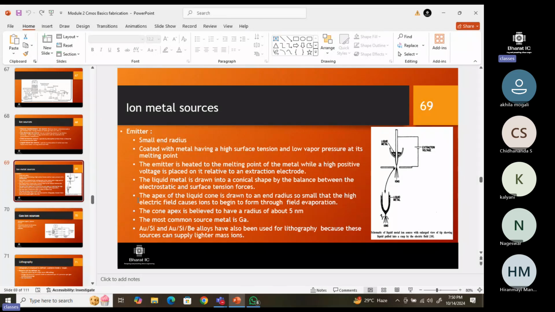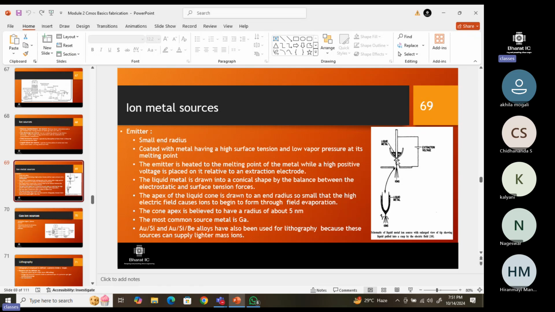That is how the liquid is formed and extracted from the conical shape at the extraction electrode. The cone is believed to have a radius of 5 nanometers.